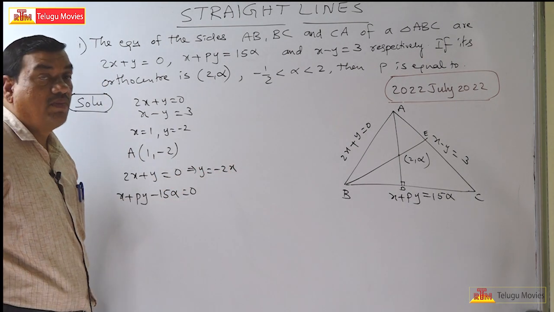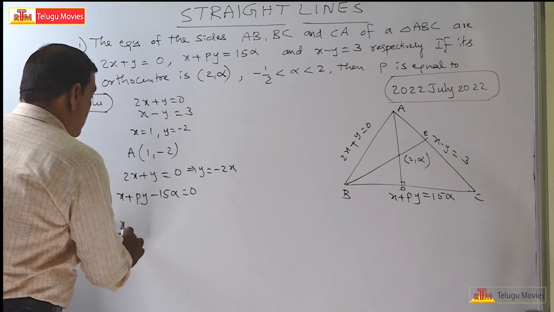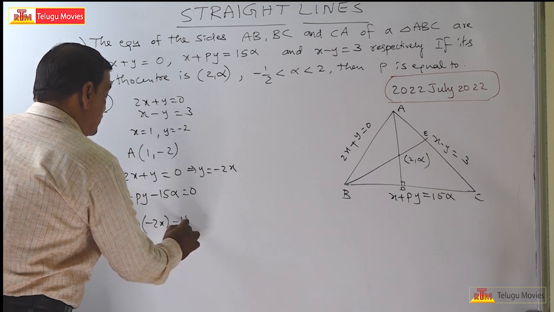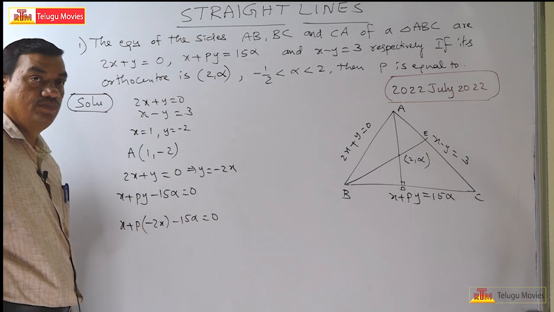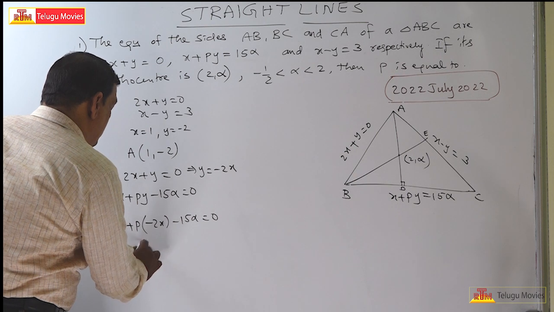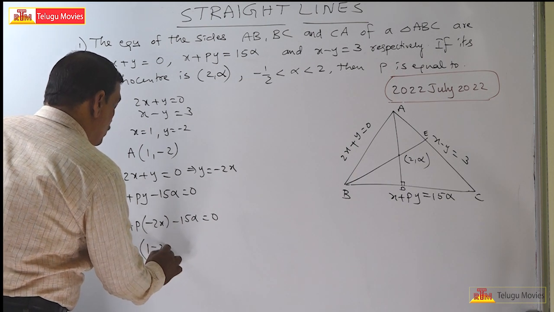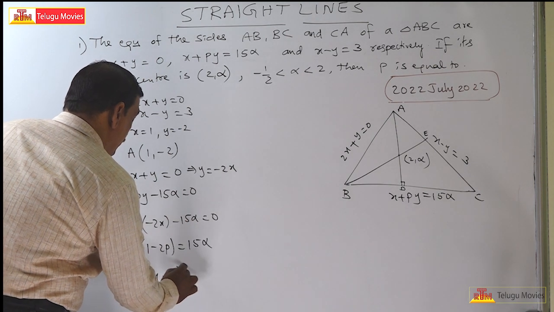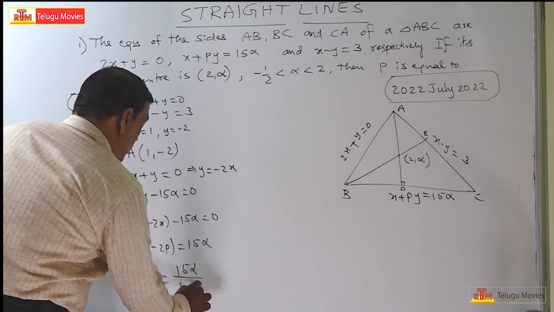Substituting here, x plus p into minus 2x minus 15 alpha is equal to 0. So x times (1 minus 2p) is equal to 15 alpha, therefore x is equal to 15 alpha by 1 minus 2p.